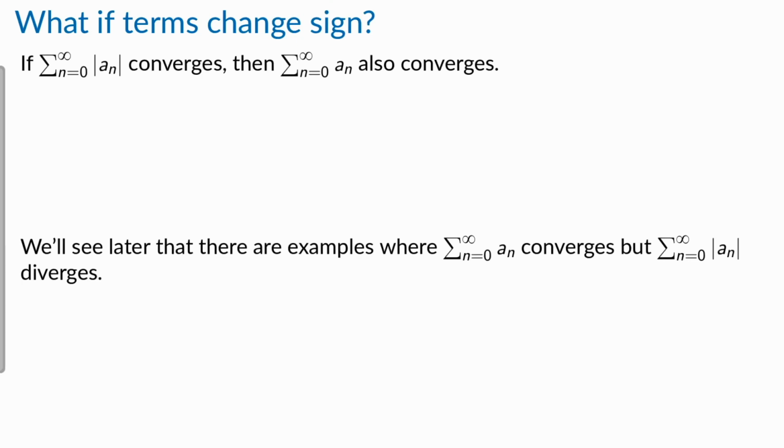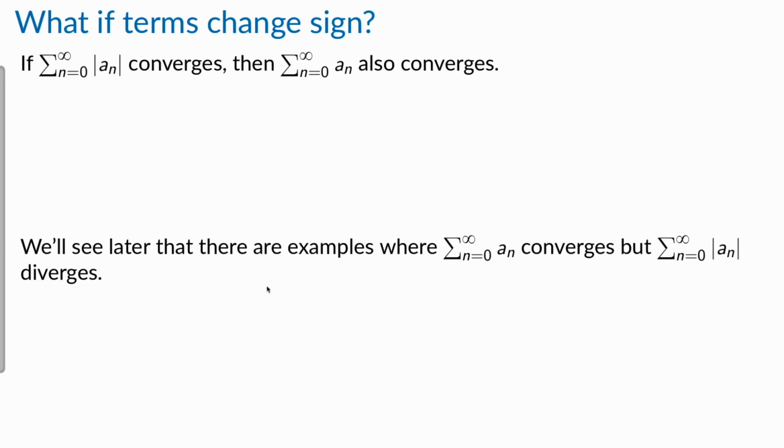Okay, we have one other little piece of important theory, which is, we need to understand sometimes what happens if a series has terms, some of which are positive and some of which are negative. We're going to see this in a little bit more depth a little bit later on, but for now it suffices to say that if you replace the series with the absolute value and that thing converges, then the series itself will be forced to converge.